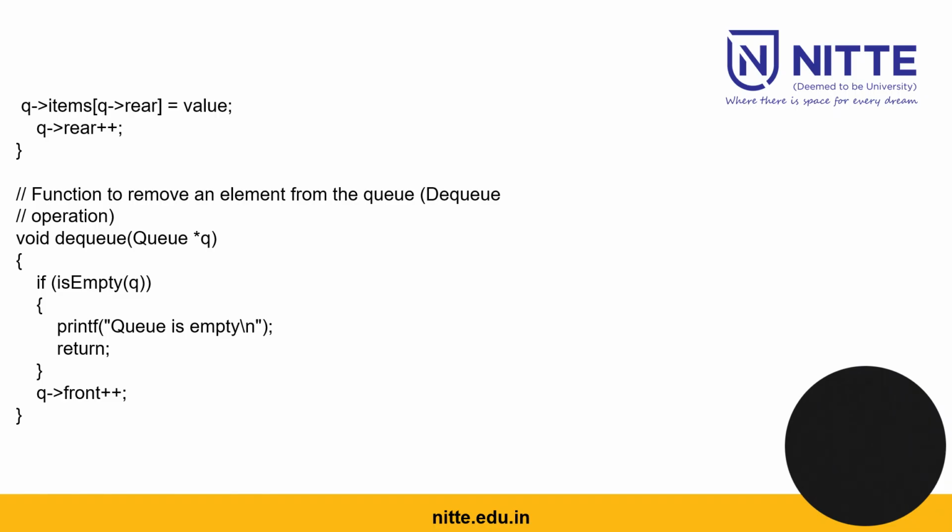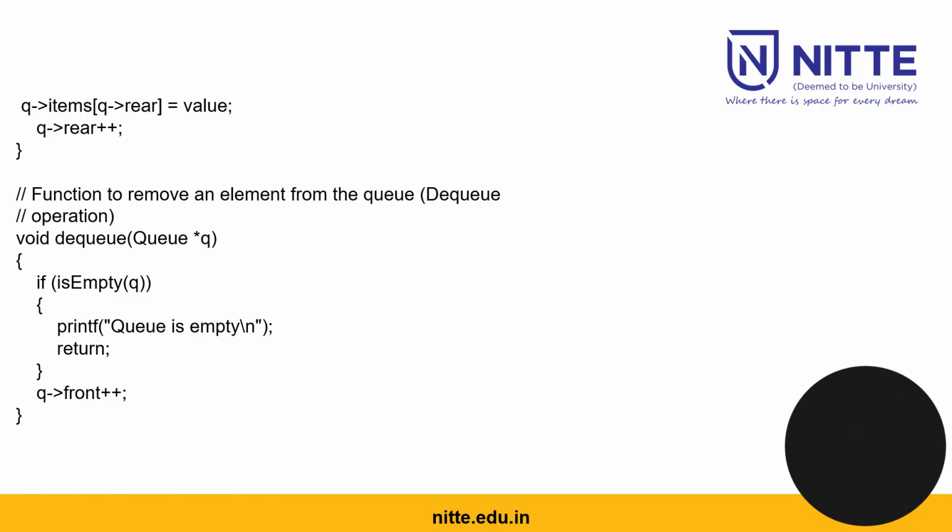So at this position the value will be inserted. Then once the value has been inserted at that rear position, I have to increment the rear. So that is why I will write Q implies rear plus plus. So this is how we will insert an element into the queue.